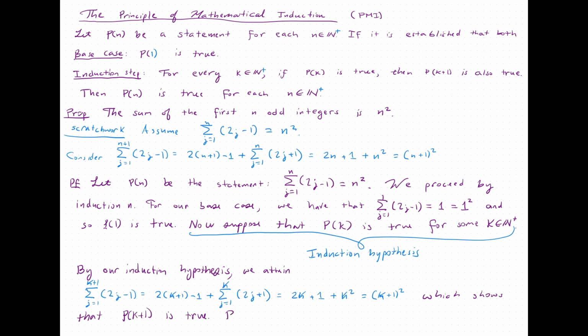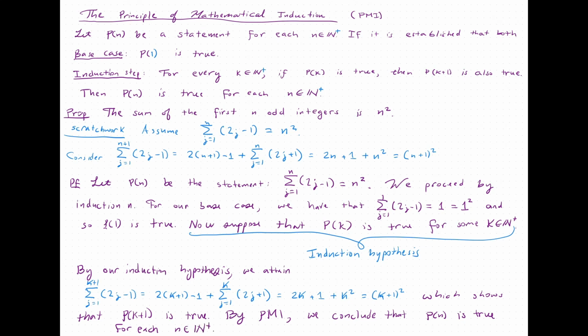Now, by the principle of mathematical induction, which I'm going to abbreviate as PMI, we conclude that P of n is true for each positive integer n. And so we are done.